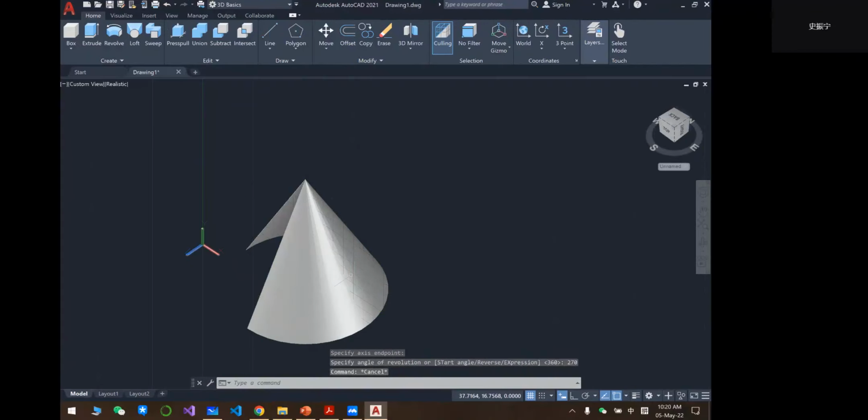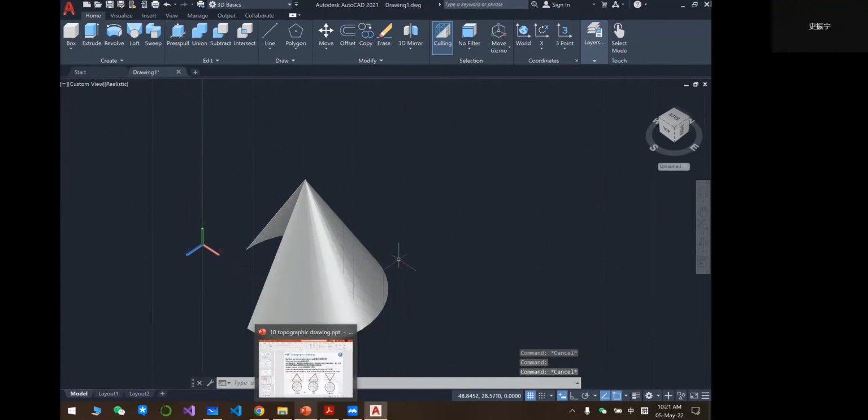So you can see every point on this surface has the same slope with this line. So it's a very important property for the cone surface. Okay, let's come back.